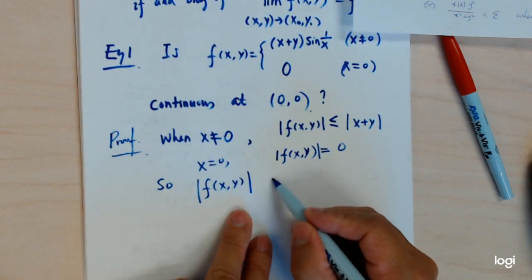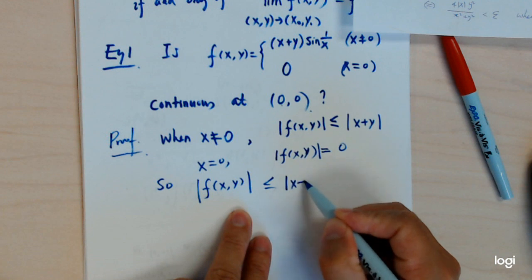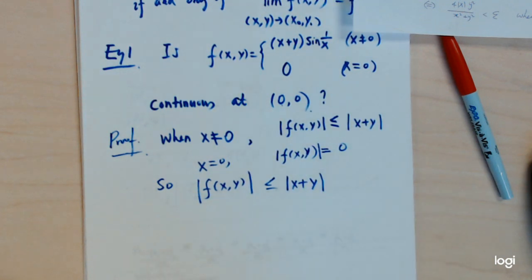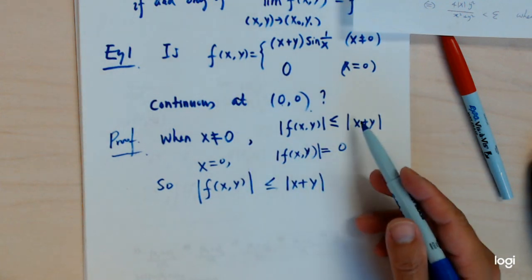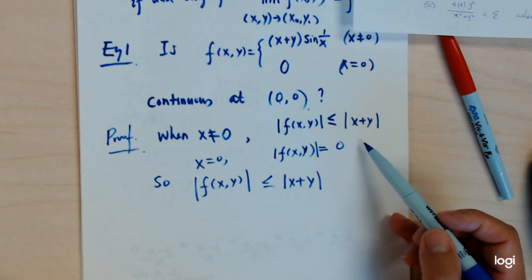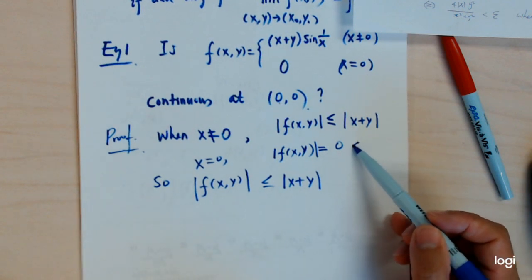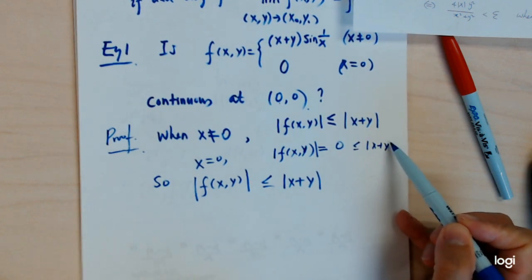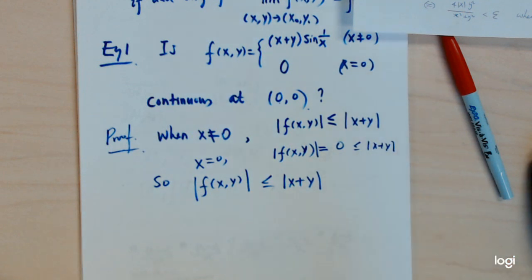So this one is always less or equal to x plus y's absolute value around 0, 0. When x is not 0, it's bounded by x plus y. When x is 0, it is 0. That's also less or equal to x plus y's absolute value, where x is 0.